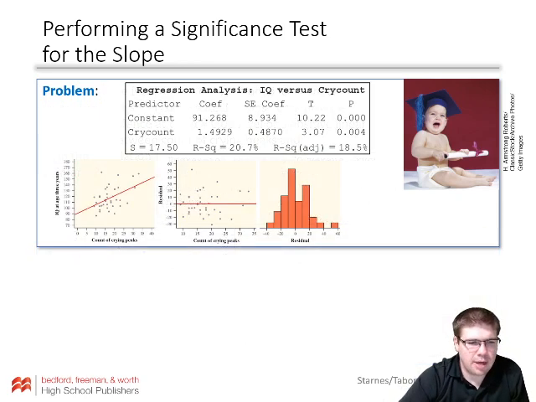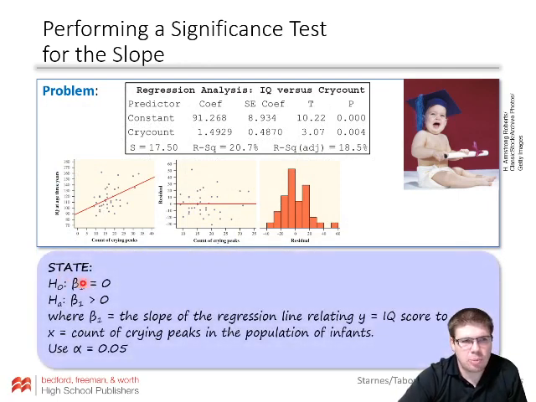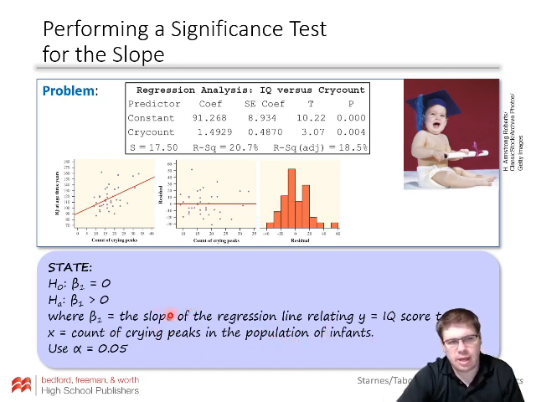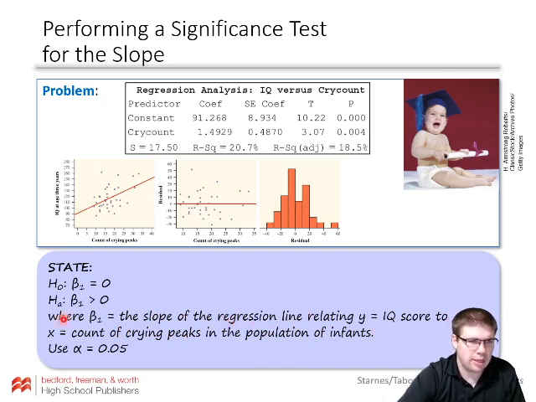So our null hypothesis in this case is that the slope is 0. Our alternative is that the slope is greater than 0, where beta 1 is the true slope of the regression line, y IQ score to x cry count peaks in the population of infants. So make sure you indicate somehow that it's a population true slope, or the actual slope of the regression line for the population, using alpha 0.05.